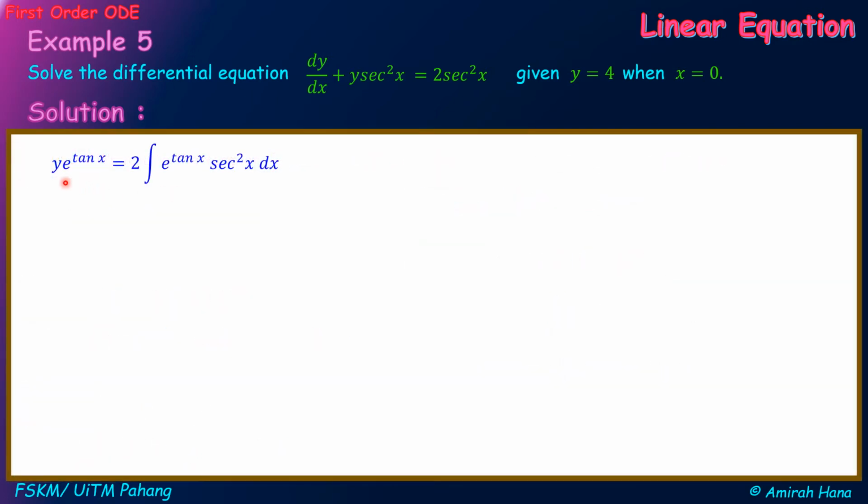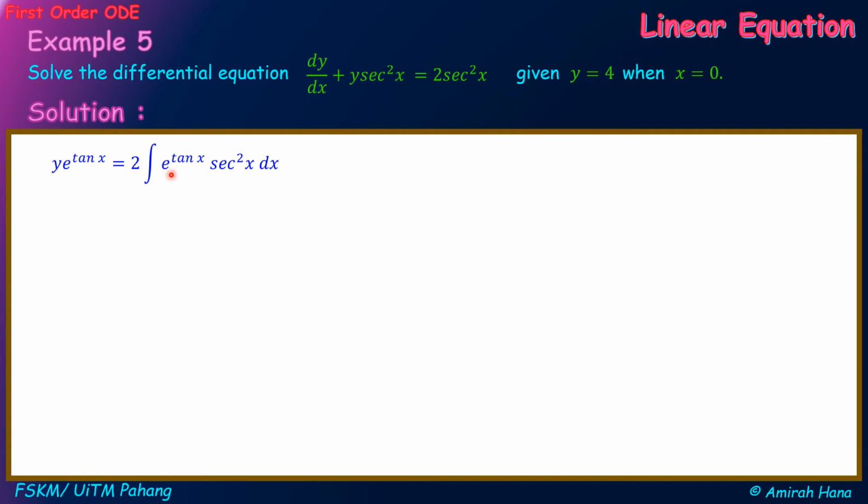From the previous slide, we get y e to the power of tangent x equals 2 times the integration of e to the power of tangent x sec squared x dx. We do not need to integrate the left hand side because there is no integration sign. But we need to integrate e to the power of tangent x sec squared x dx because we have an integration sign here.